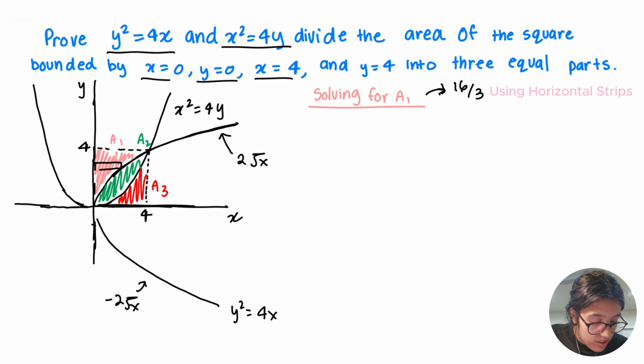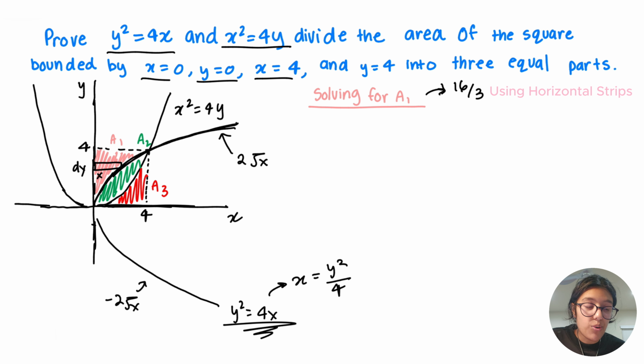So now we have horizontal over here. This is going to be dy, and we need x. Now solving it with the horizontal strips is much, much easier than with the vertical strips. What I mean by that is this: we have x over here, and that is of this curve right there. And we know x is equal to y squared over 4.